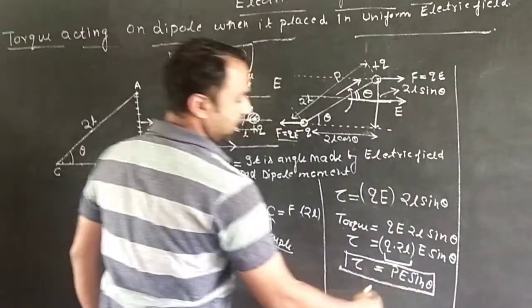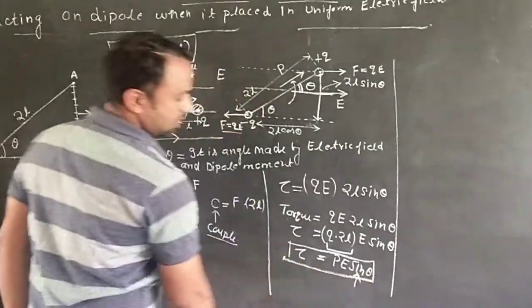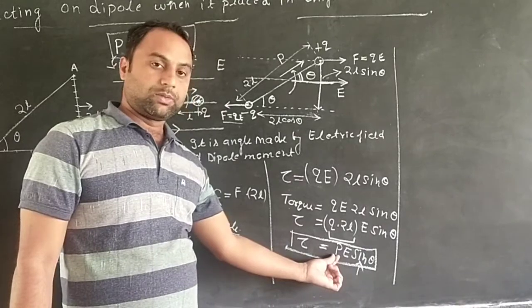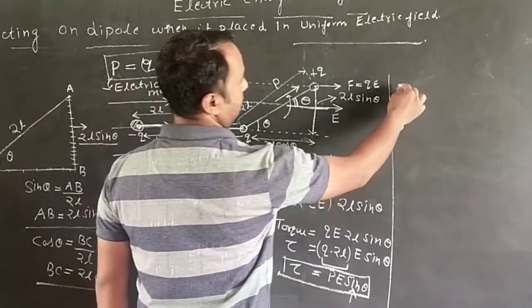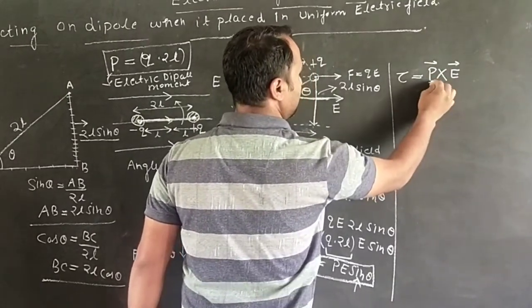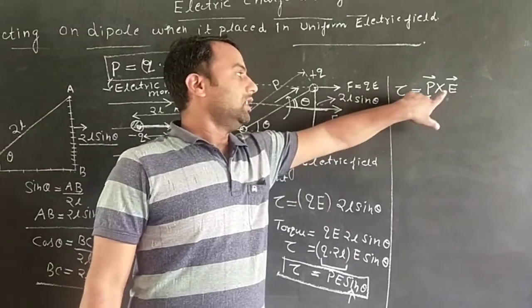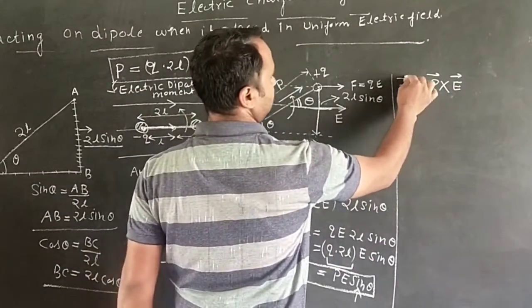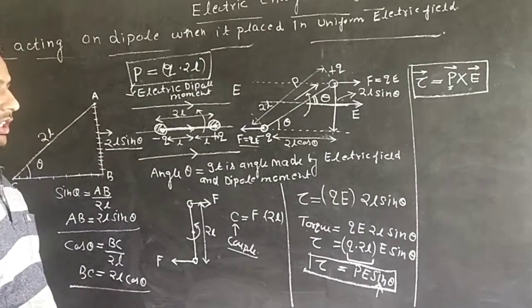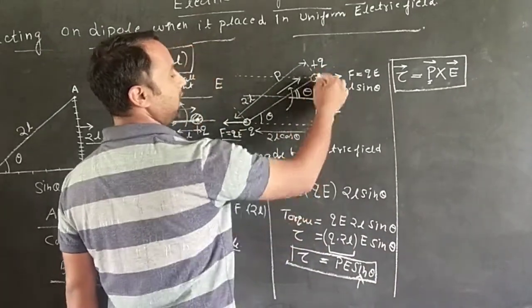If the cross product is here, it means we vectorize this formula, because both of the physical quantities are related to the vector formation, and this vector formation is the cross product, and we write here P cross E, because electric dipole moment is a vector quantity and electric field is also a vector quantity, and this is the vector form of the torque, P cross E. Where theta is the angle between the dipole moment and electric field vectors.